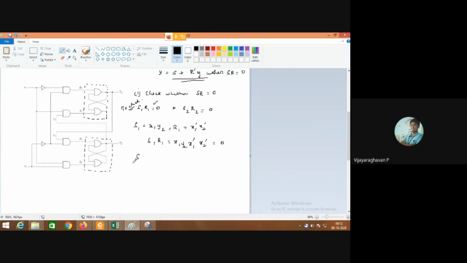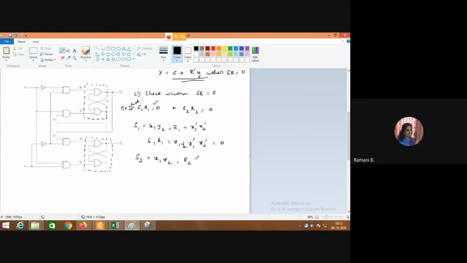Okay. For the second latch, this is our S2, so this is x2 as such and this is x1, so S2 is x1x2.